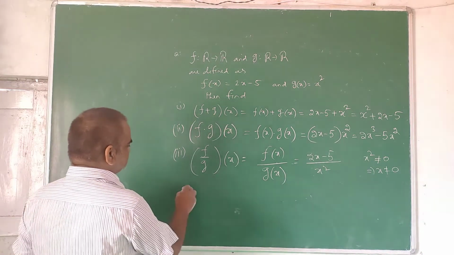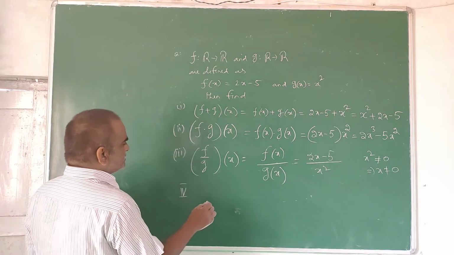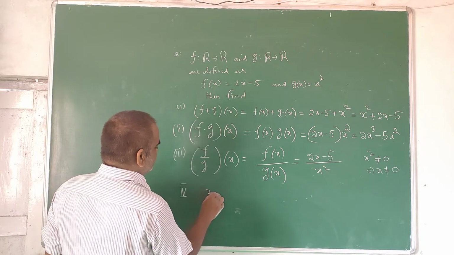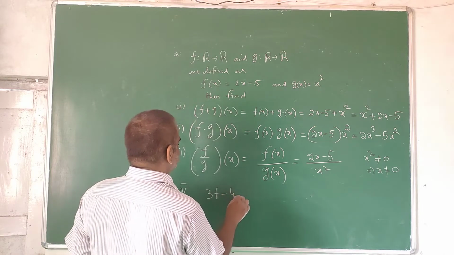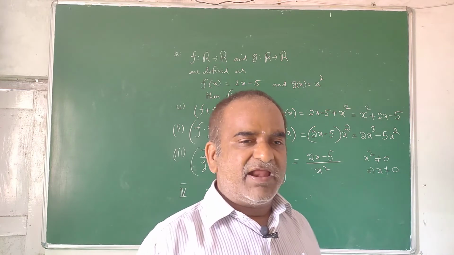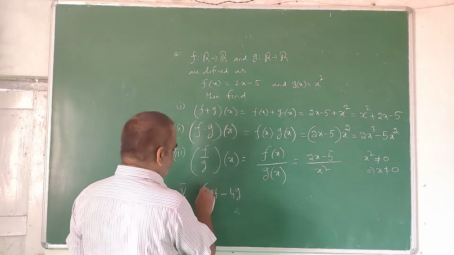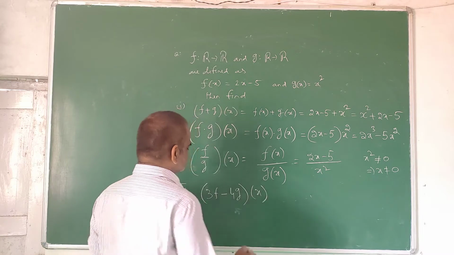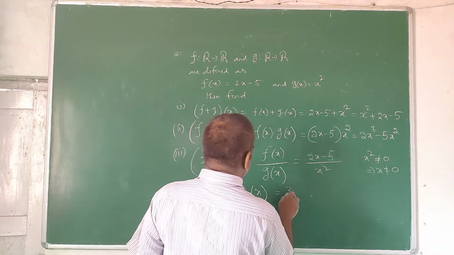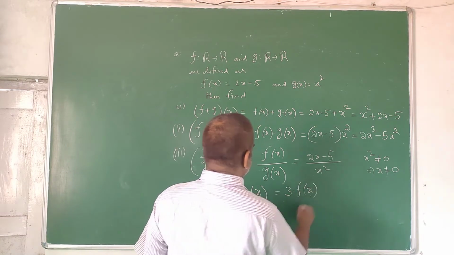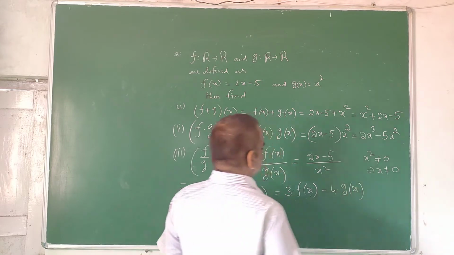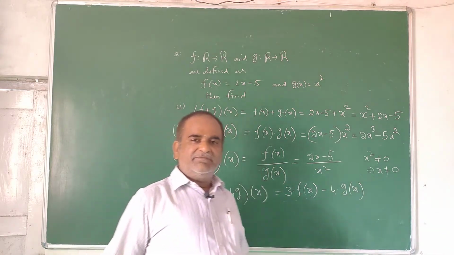So the fourth one: suppose you want to find 3f minus 4g, say for a moment. So 3f minus 4g of x is equal to 3 into f of x minus 4 into g of x, right, as I defined.